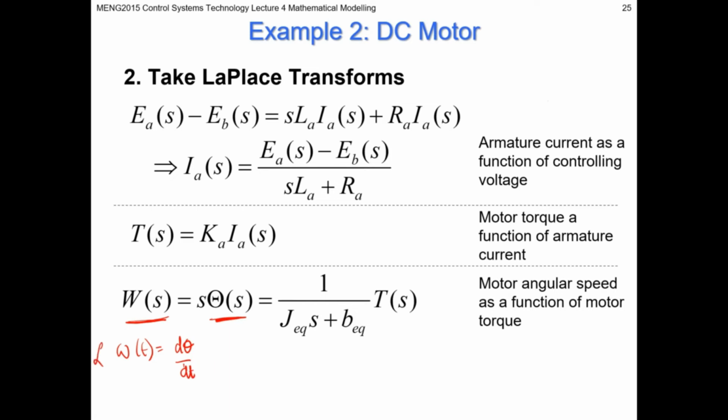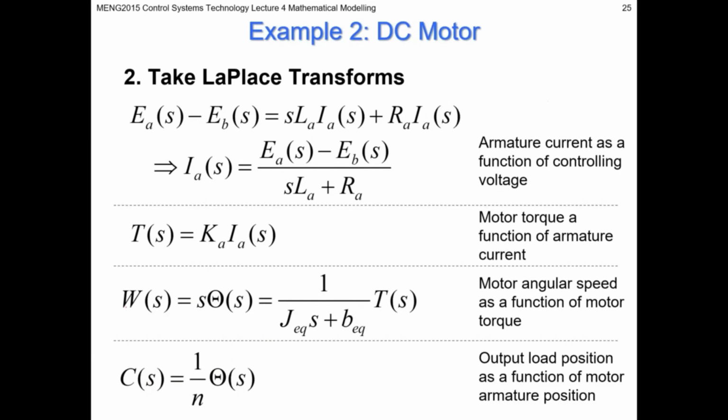Right, so if we take Laplace of this, then we get Ws equals S theta S. So that's all we have here. Right, so don't get worried about that part. It's just a relationship between speed W and position theta.